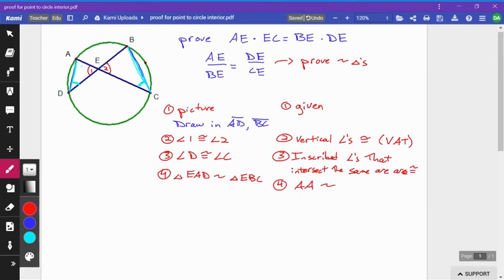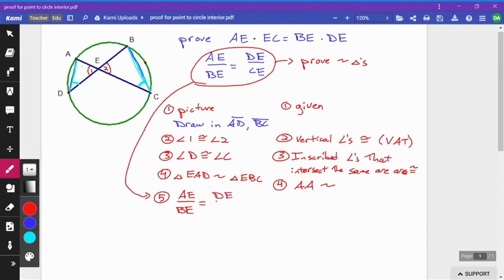So finally, now that I have some triangles that are similar, I can set up this ratio. So I can go AE over BE is equal to DE over CE. And the reason is because the triangles are similar, the sides are proportional, which we can say is definition of similar triangles.